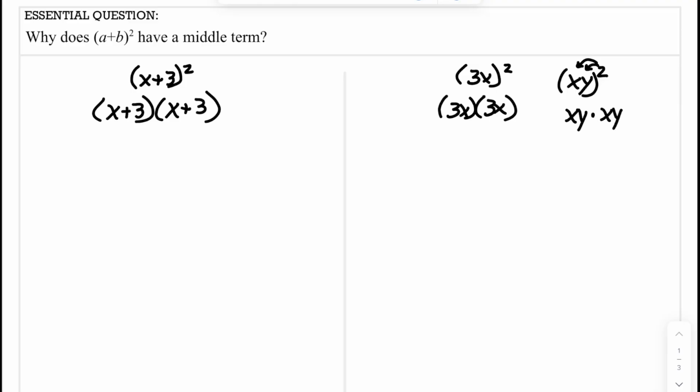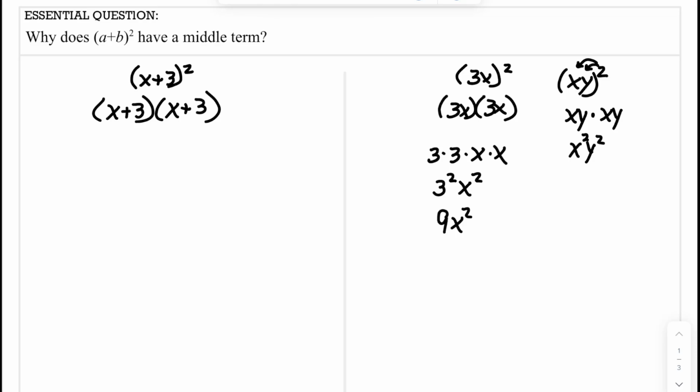But since everything is being multiplied, you get x times x, which is x squared, and y times y, which is y squared. So if we're multiplying this 3x by itself, we have 3 times 3 times x times x, which becomes 3 squared x squared, or 9x squared.